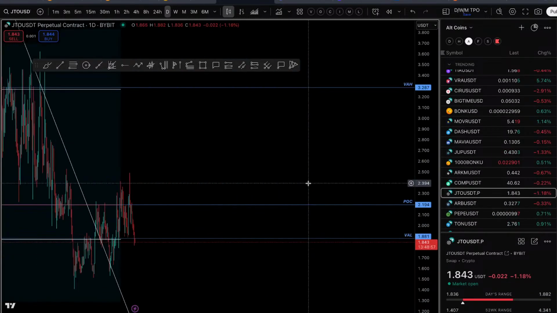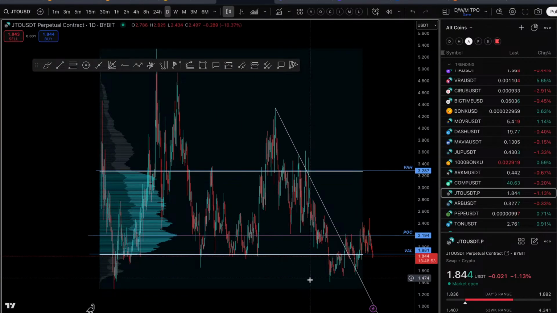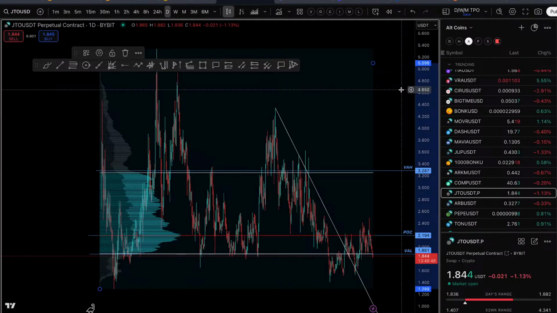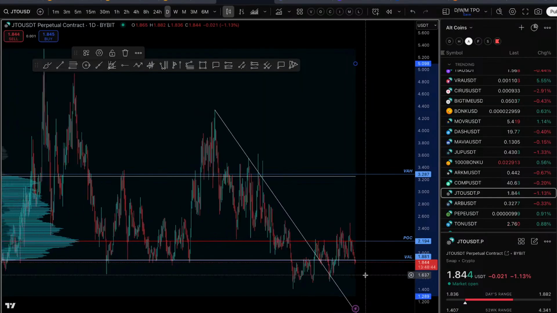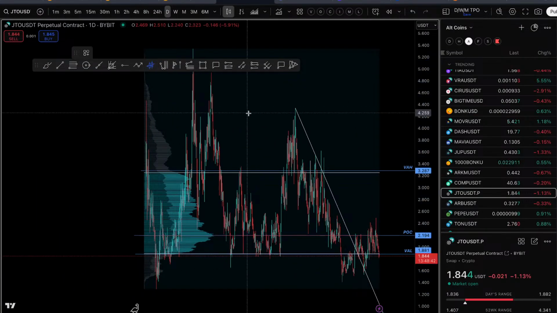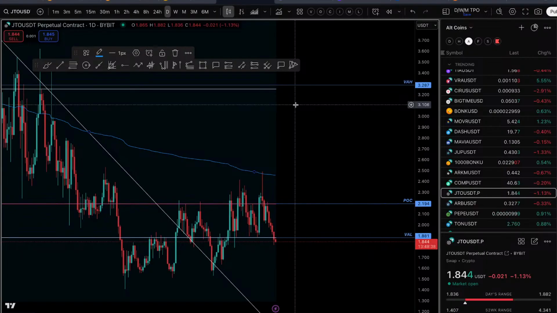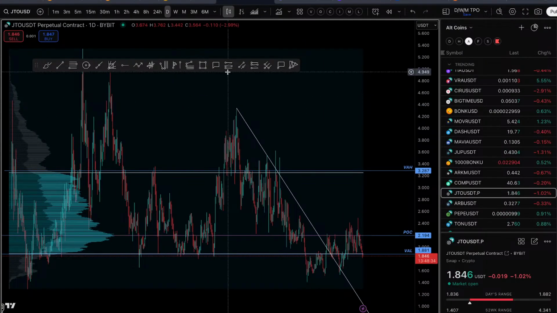JTO. Yeah, we're going below. Okay, we're again back below value when it comes to JTO, which is bad. I think we're failing to get over the VWAP. Yeah. How about the rise?